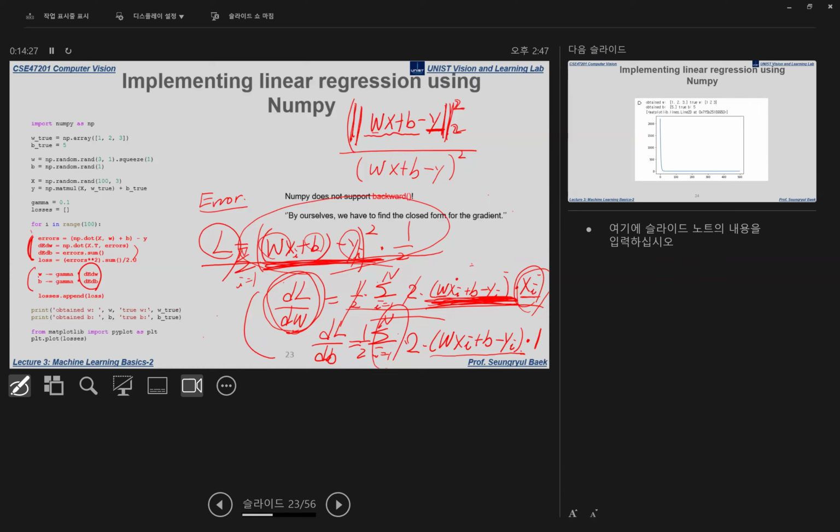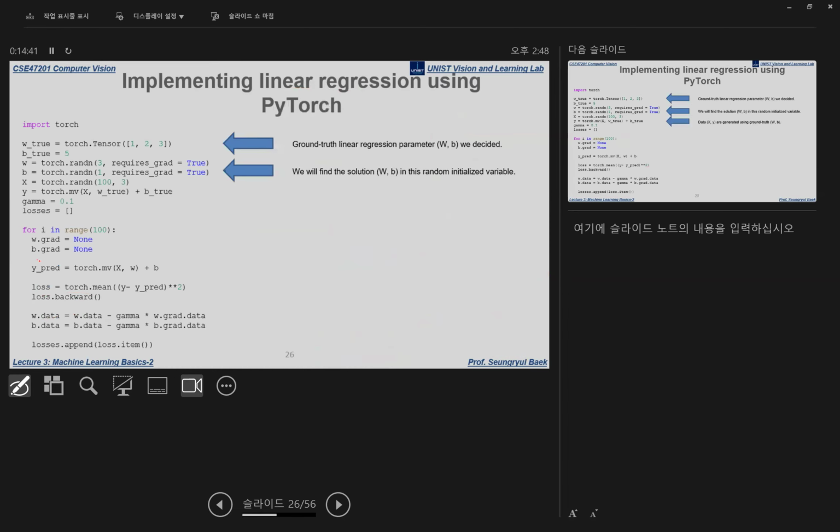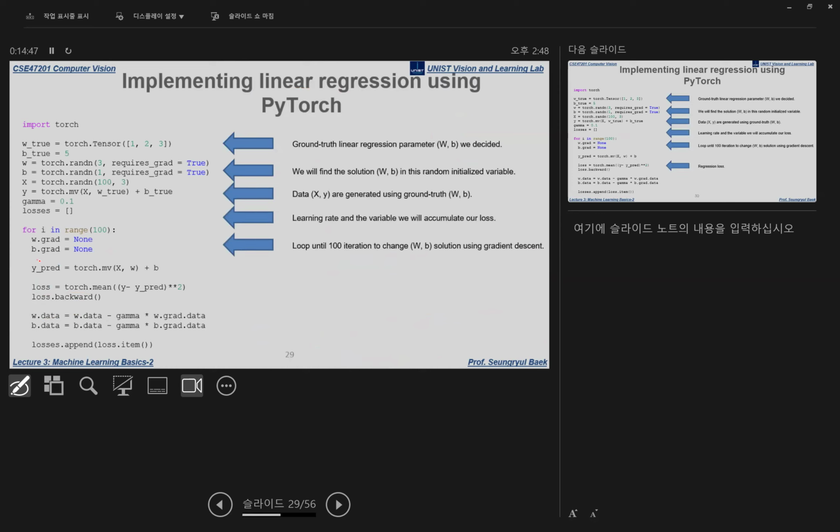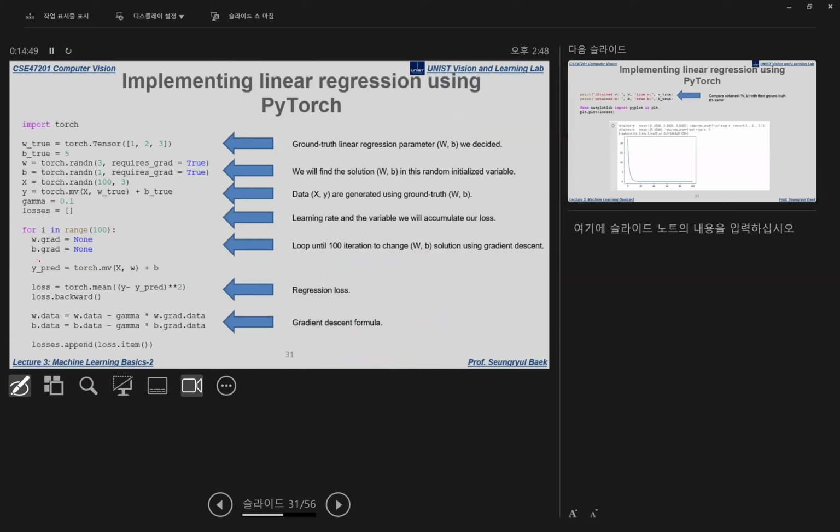With NumPy, you have to re-implement the closed form gradient whenever your forward function changes. So that's another merit of using PyTorch. Anyway, the implementation becomes very easy when using PyTorch. You have to remember that, okay?